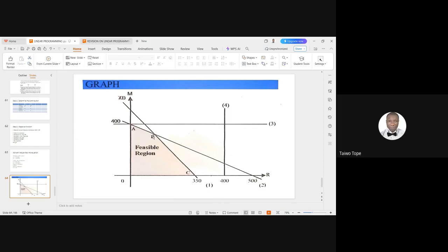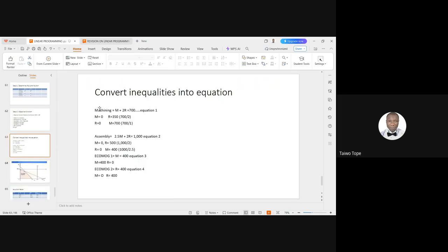So the two lines that intersect, the equations that make up the lines are what you have to use to determine the values of units at this point. So that is how to determine the contribution at this point, and that is why we always use two equations. You can see equation 1 and equation 2.